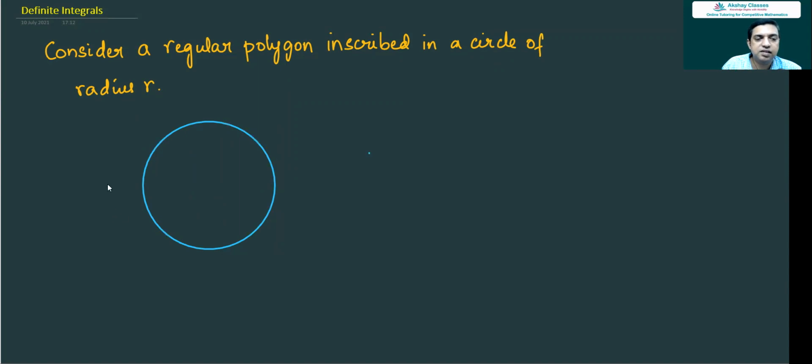I'll not put this line. I'll just mark the center. And let's say there is a polygon inscribed within this circle. We can take maybe a hexagon.